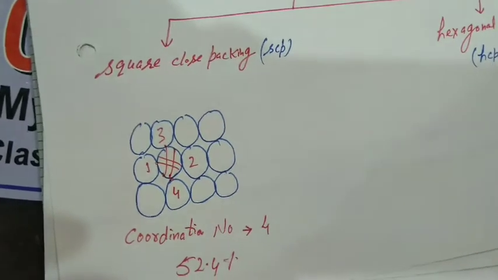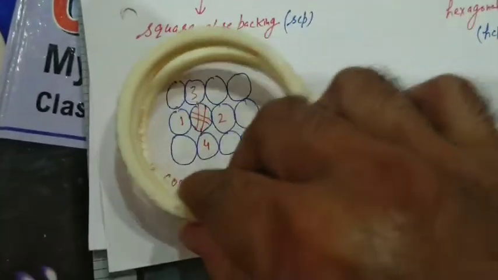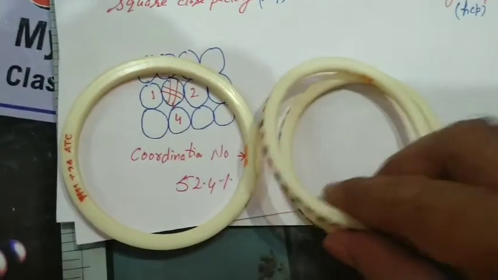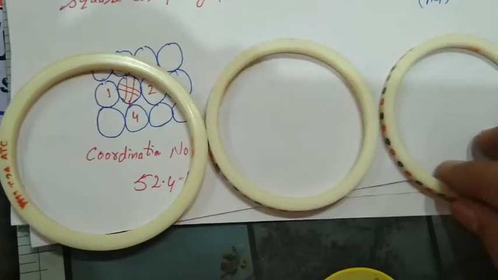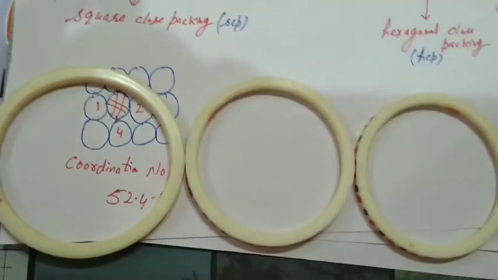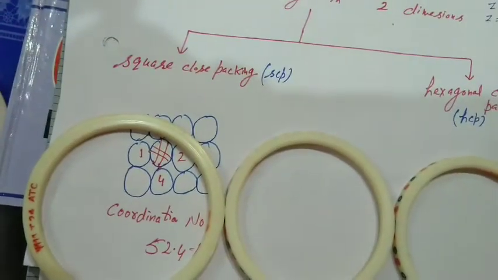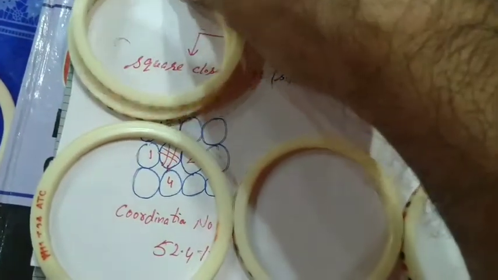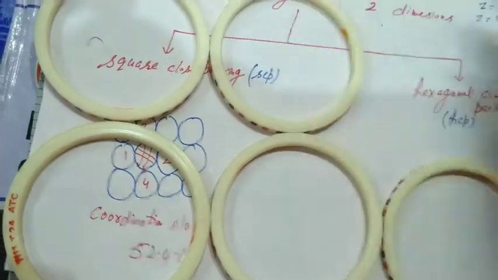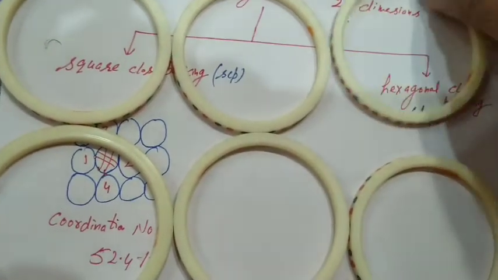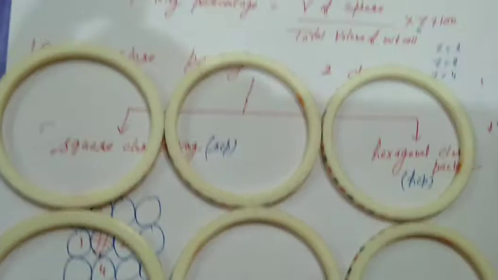Again, please look here, square close packing. That is, spheres in second row are placed exactly above the spheres of first row. You can also assemble this at home in the same way.